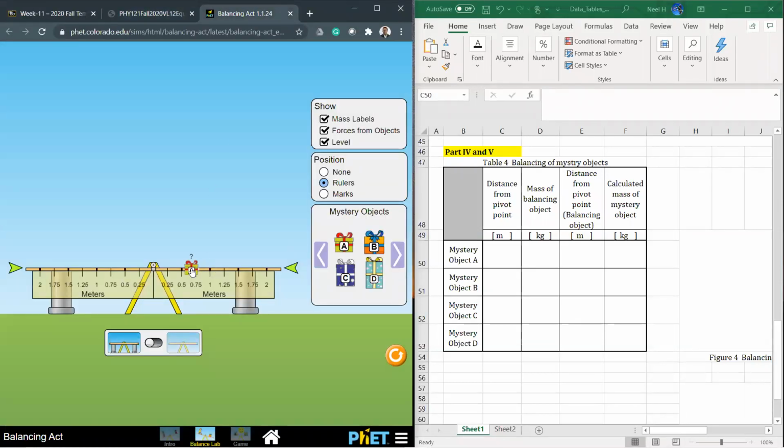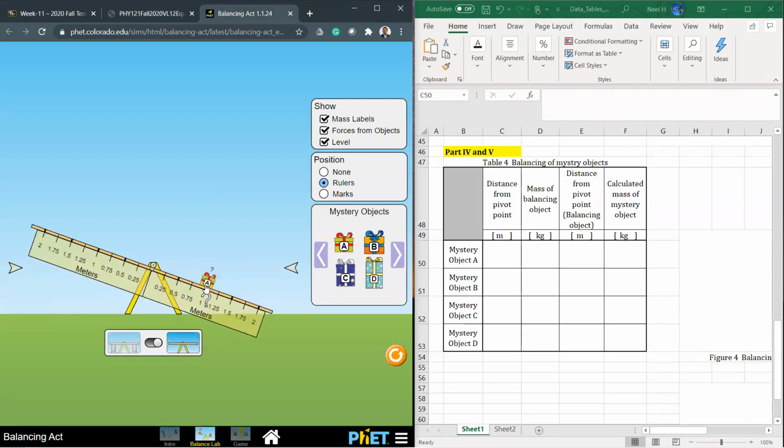So let's bring it and place it at about the 1 meter location. Get rid of the cylinders. You can see it creating the downward torque, clockwise motion. Now I need to stop that motion, which means you have to go back to the bricks. This object seems to be not very heavy, but we can try a little bit heavier mass to see where I can place it to balance.